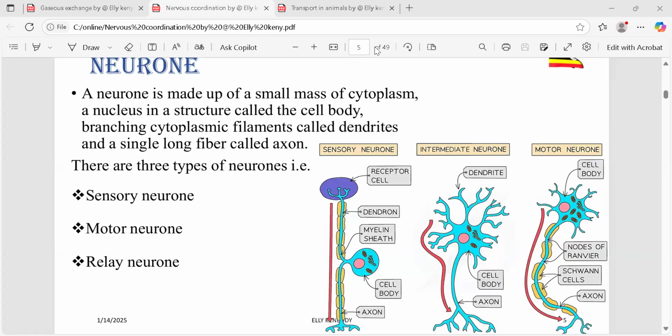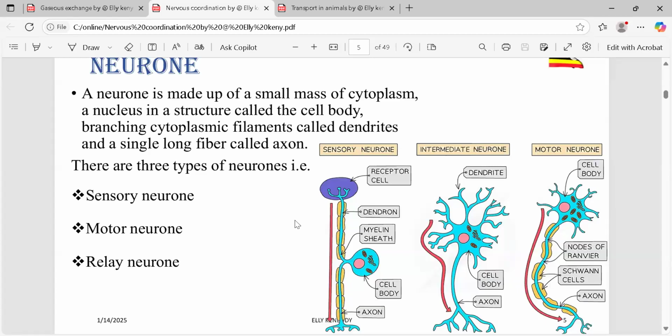Okay. So I want us to make my understanding of the sensory neuron, which picks information from the sense organ to the central nervous system or the spinal cord. Then the one which picks information from the spinal cord to the effector, which can be the muscles that can help you withdraw the hand, okay, is the motor neuron.